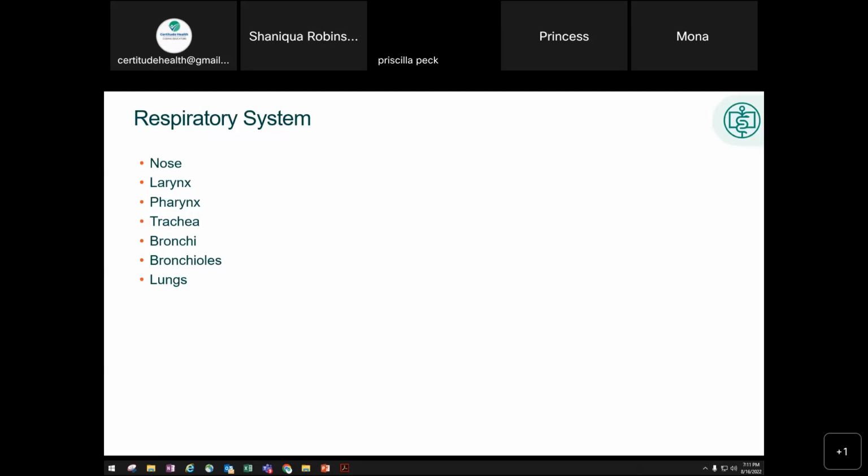That would be the nose, the nasal cavities, the pharynx, larynx, and upper trachea. So that's all your throat stuff, located outside of the chest cavity. And then the lower respiratory tract consists of our lower trachea, bronchi, bronchioles, the alveoli, and the lungs. The bronchi, bronchioles, alveoli, and lungs are all located within the chest cavity, so that makes that the lower.